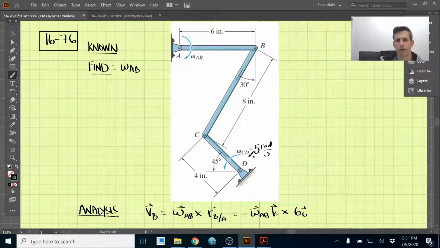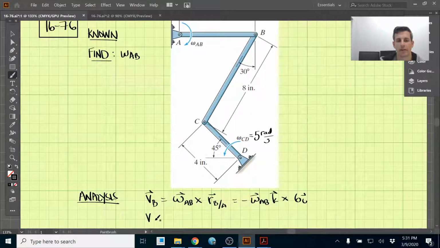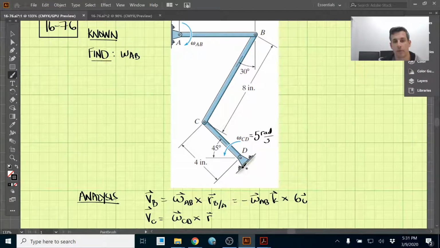We do know that the omega CD is 5 radians per second, so we could write the velocity of C is equal to omega CD in vector terms cross the vector from D to C, or C with respect to D. All right, and that is 5 radians clockwise around the positive k direction.